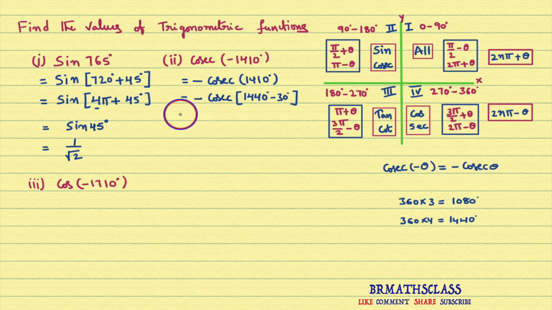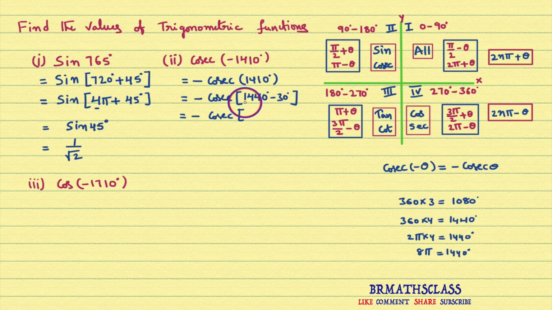Good. That equals minus cosec. See here 1440. Here 360 degrees means 2 pi. 2 pi into 4 is 1440 degrees. 2 pi into 4 is 8 pi. 8 pi is 1440 degrees.